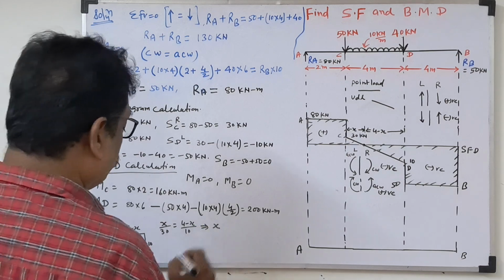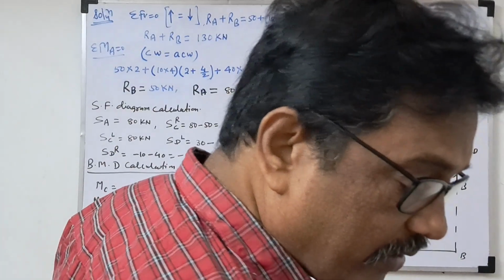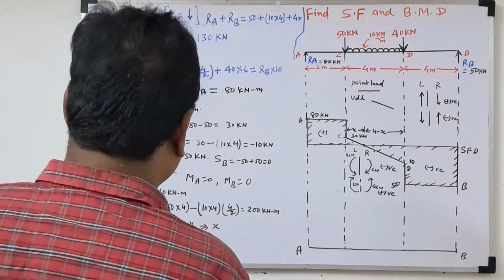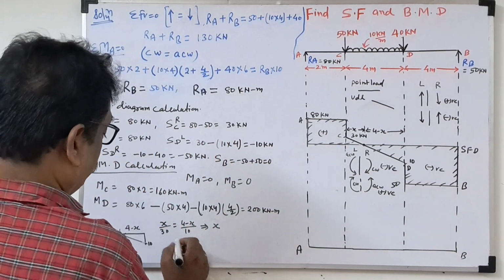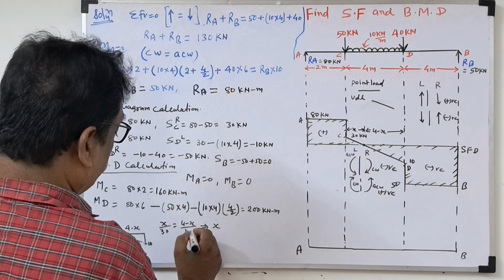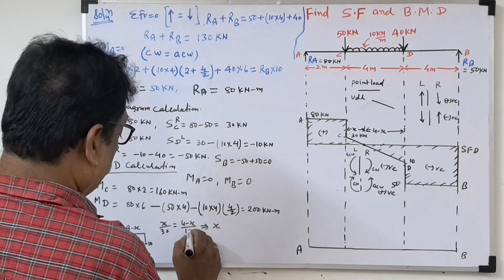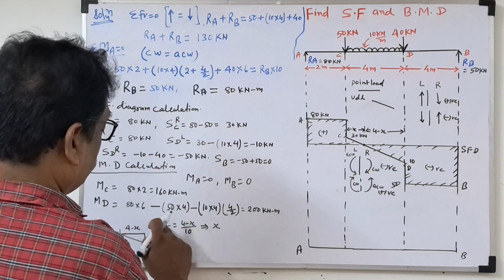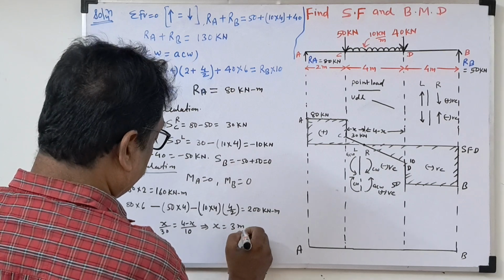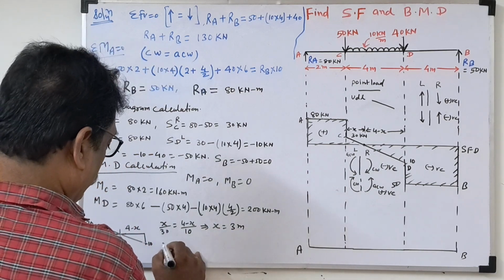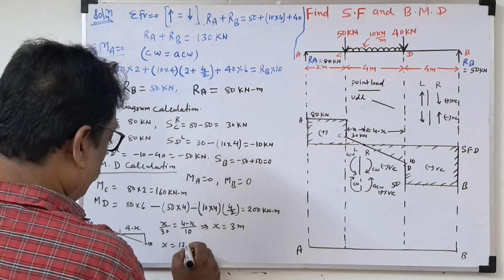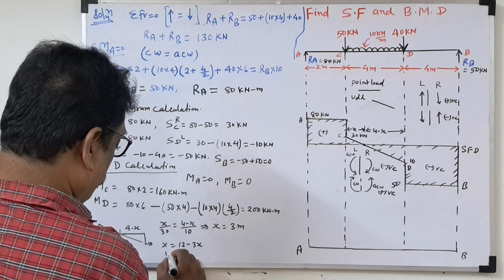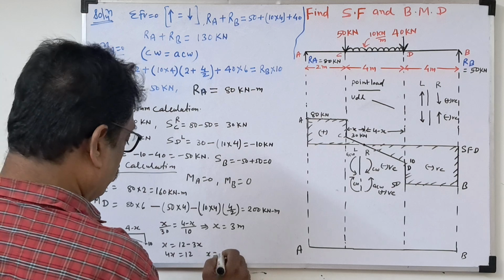By cross multiplication, 10x equals 30 times 4 minus x, and cancelling the 0, x equals 12 minus 3x. So 4x equals 12, and x equals 3 meter.